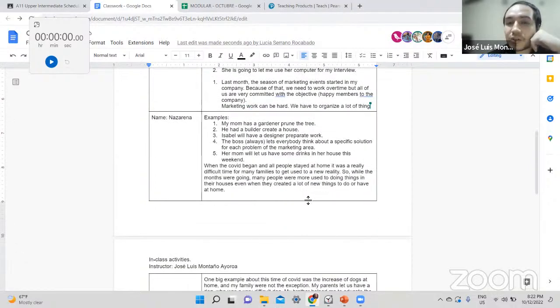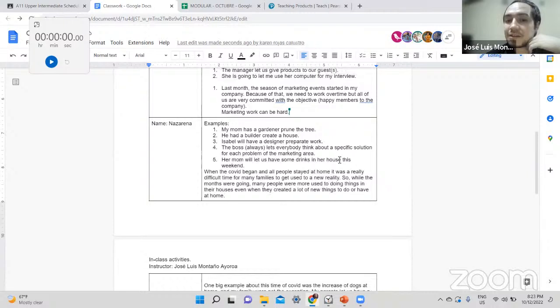Sometimes Google is going to give you the best option, but sometimes it's just going to give you the option that feels better for that situation, but it's not always the best according to what you want to say. And again, the idea of practicing here, I'm not going to give you points if you have mistakes. Leave them in the way they are so that I can help you understand why they are a mistake.